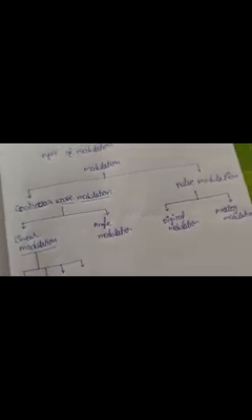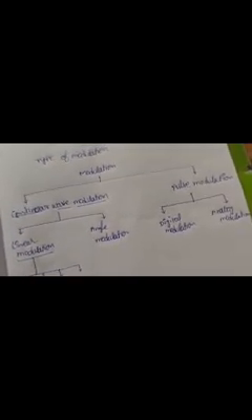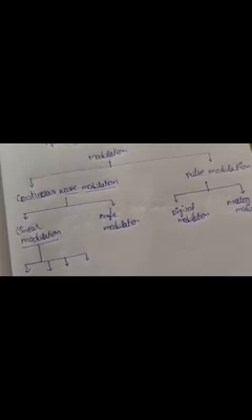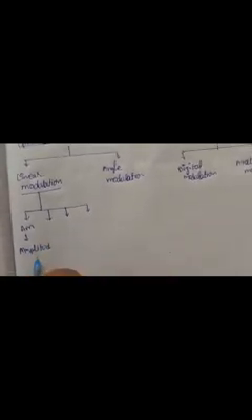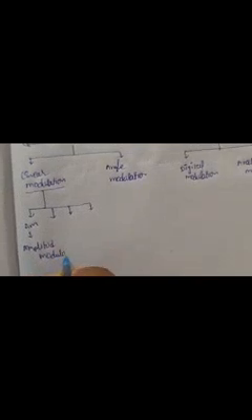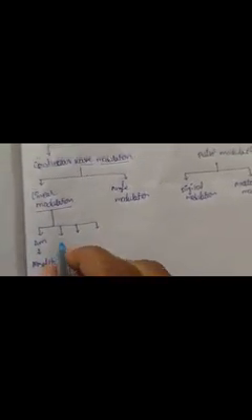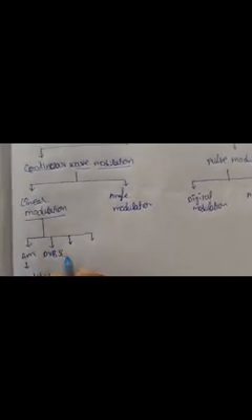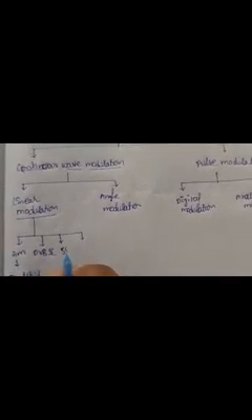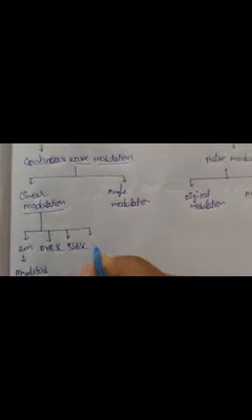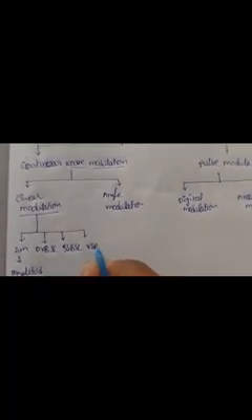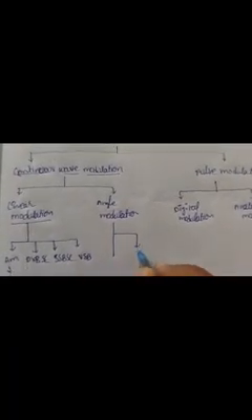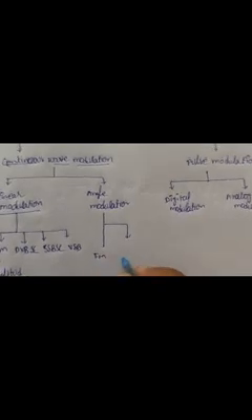It is AM, amplitude modulation, and the second one is DSBSC, and third one is SSBSC, fourth one is VSB. The angle modulation is classified into two types, FM and PM.